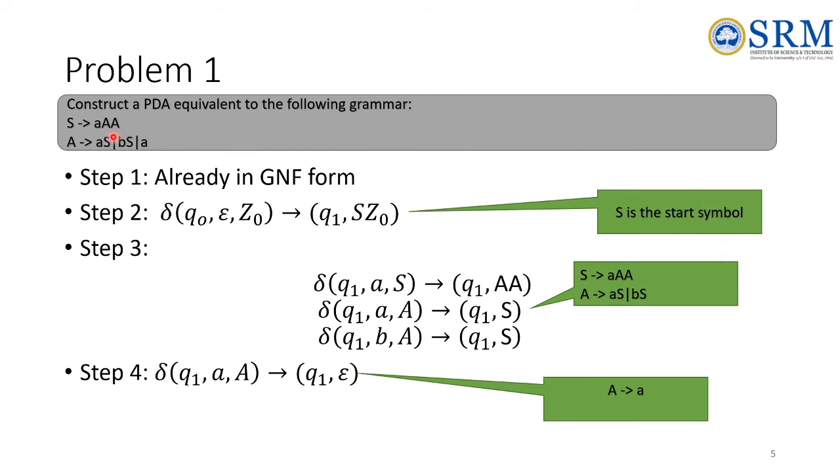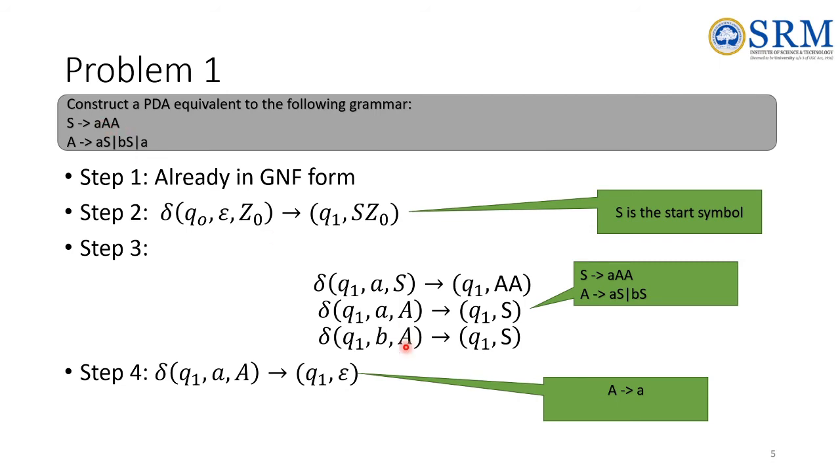Then here, the productions are a terminal followed by non-terminals. So these are all pushing and these are all popping. I divided it like this: pop is one, which is going to be δ(Q, a, A) gives (Q, ε).